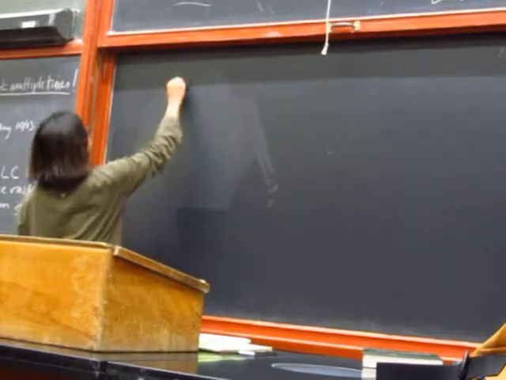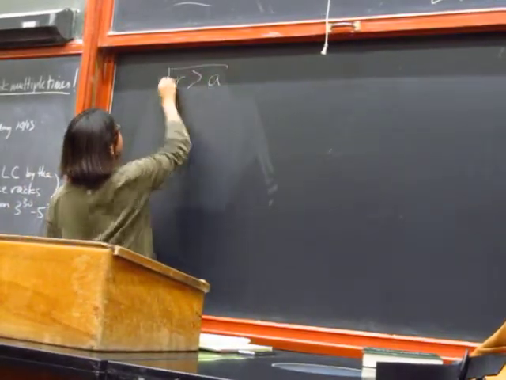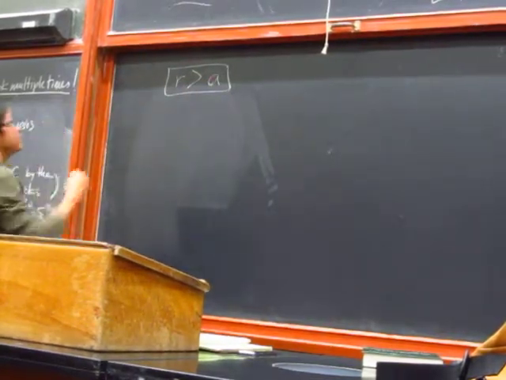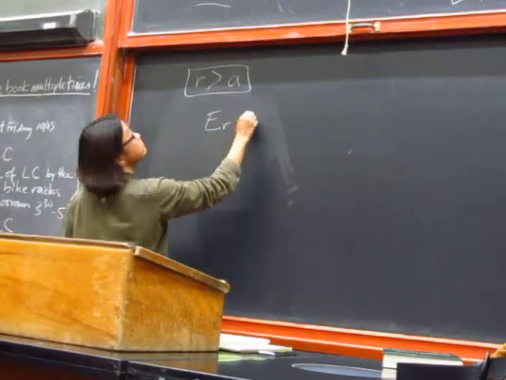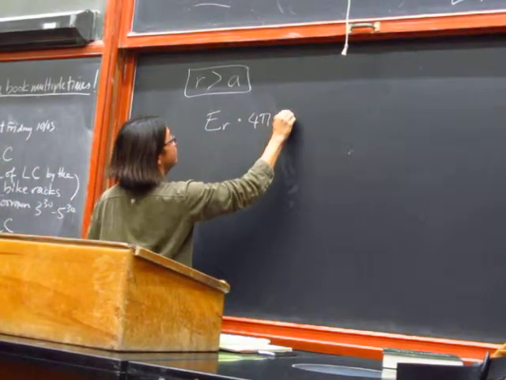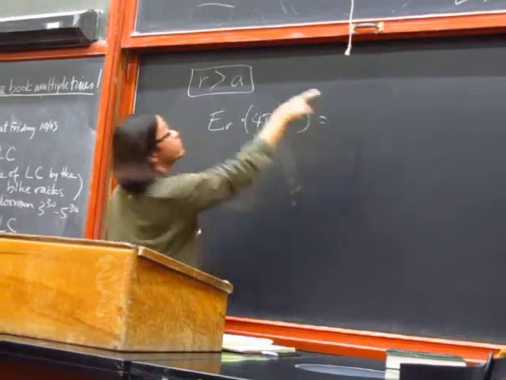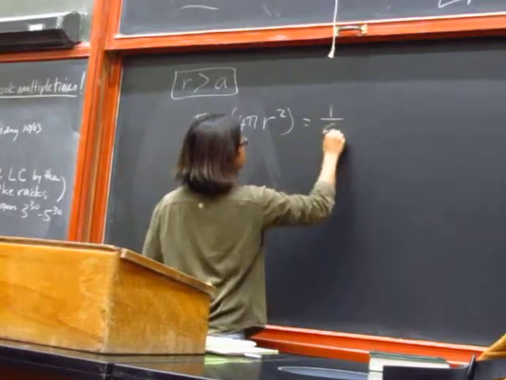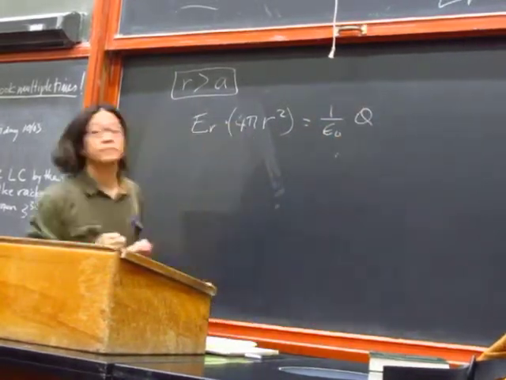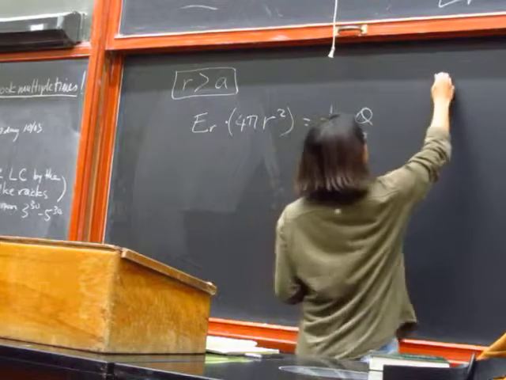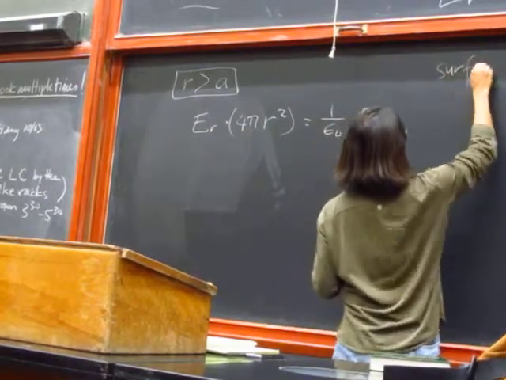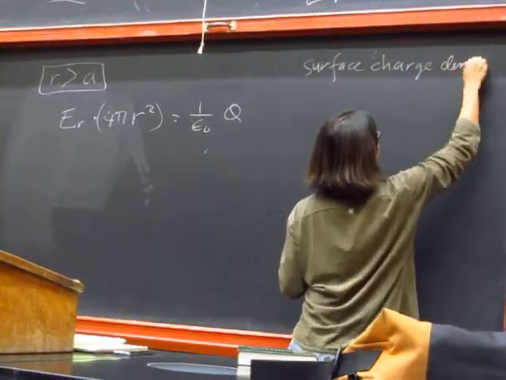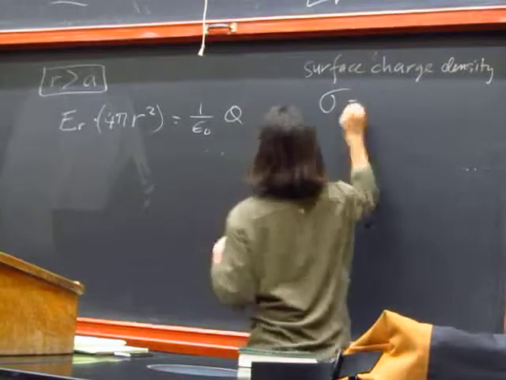And how about the electric field for r greater than a? Same thing. The left-hand side is the flux, E_r times 4 pi r squared. On the right-hand side, it's just 1 over epsilon naught times Q. Let's define surface charge density, which will be very useful: sigma.